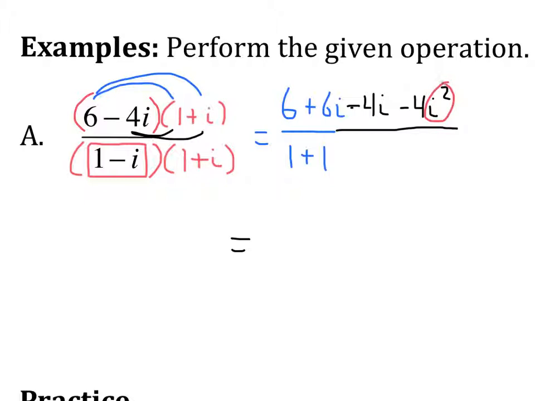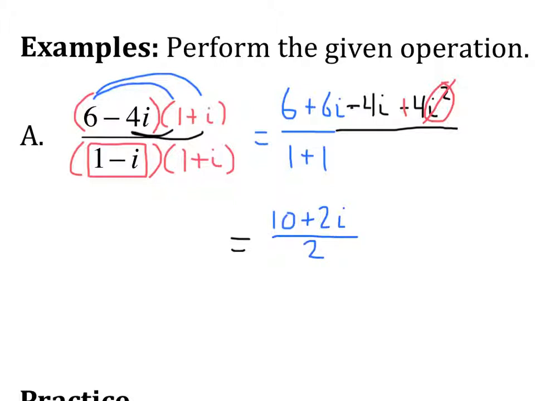The i squared will make the 4 positive. And I can start combining like terms. In the numerator, I get 10 from the 6 here and the 4 there. And then this here is 2i. And in the denominator is 2.